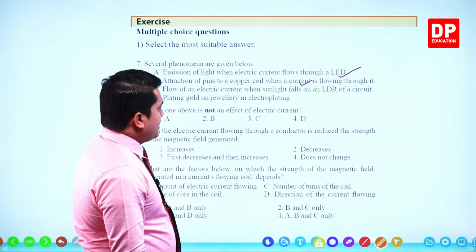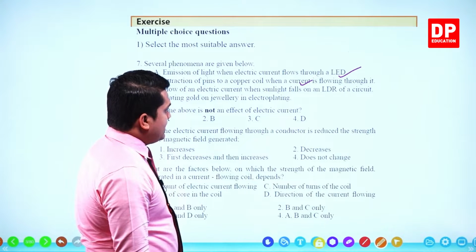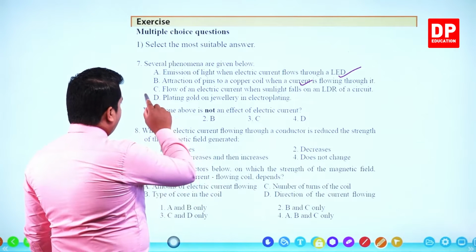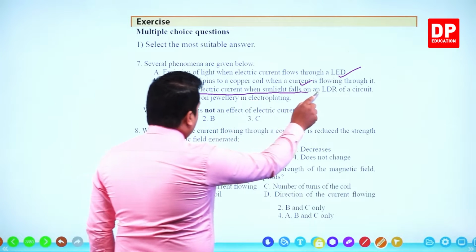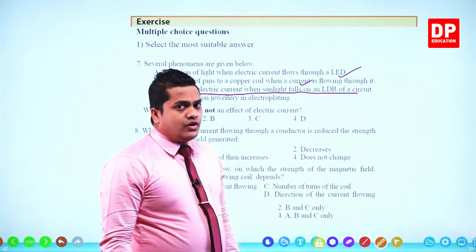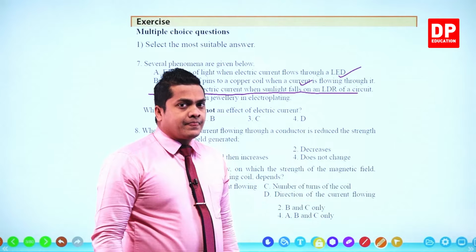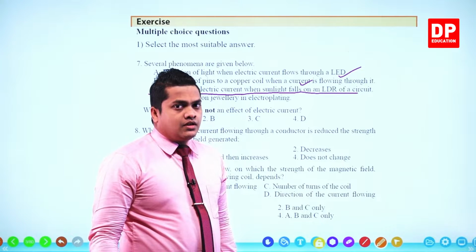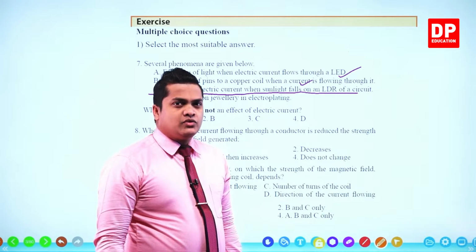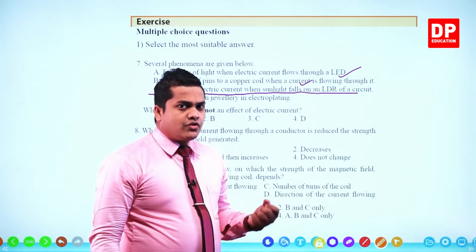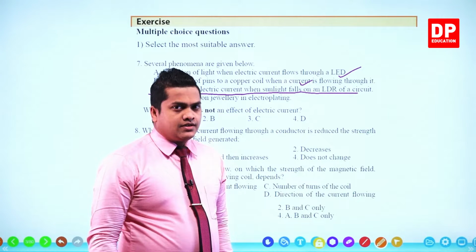Flow of an electric current when sunlight falls on an LDR of a circuit. This is the incorrect one, my dear children, because current is not generated when sunlight falls on an LDR. That's a solar cell, right? In an LDR, we use it in order to control the current in a circuit.